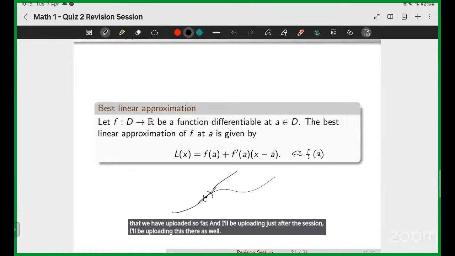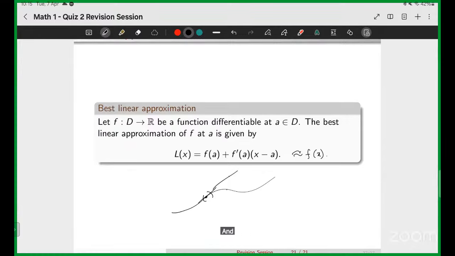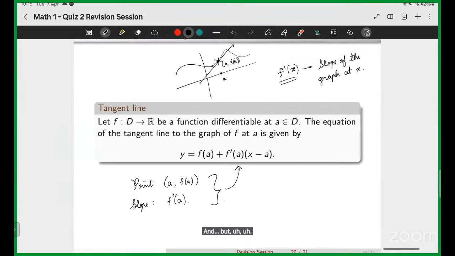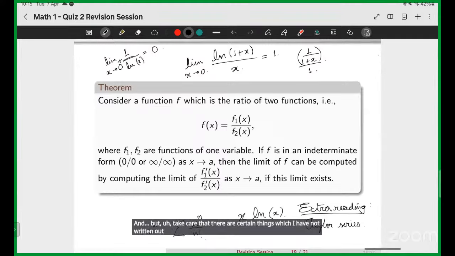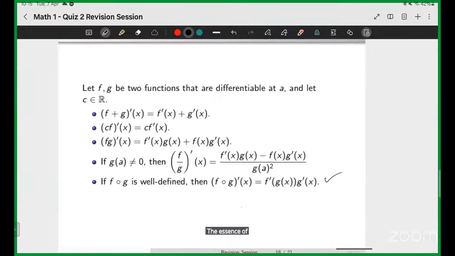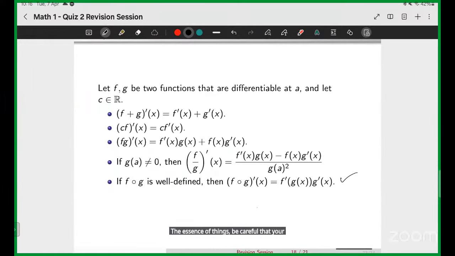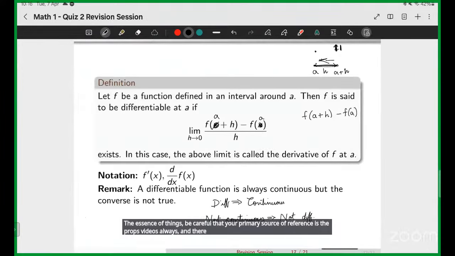But take care that there are certain things which I have not written out in full detail. For example, L'Hopital's rule. There are other conditions that need to be verified. I've just written the essence of things. Be careful that your primary source of reference is the prof's videos always. And there are some typos also over here.